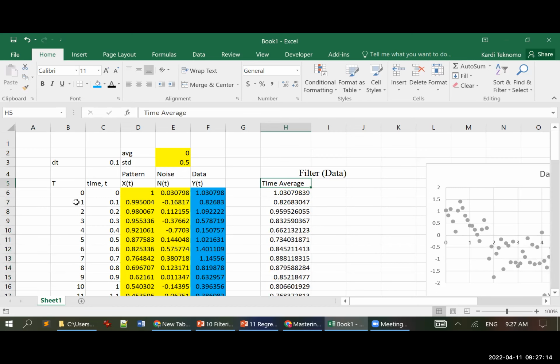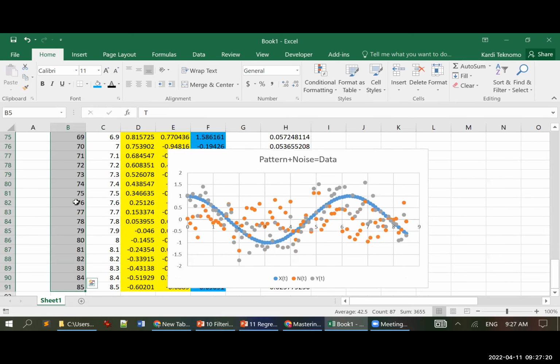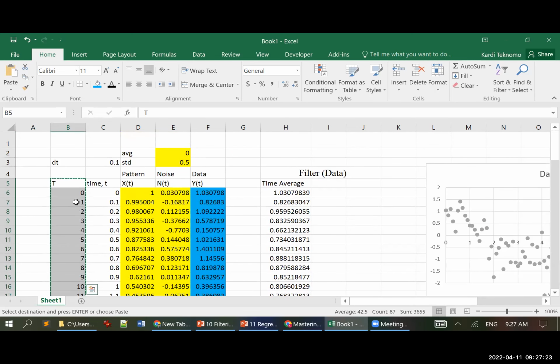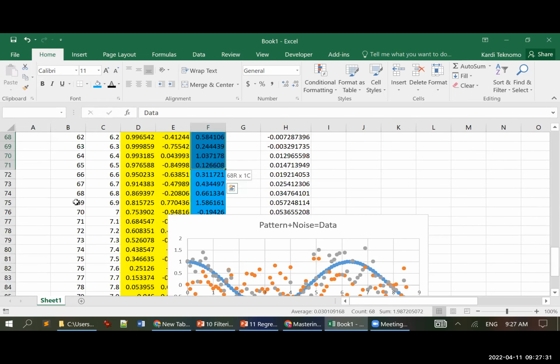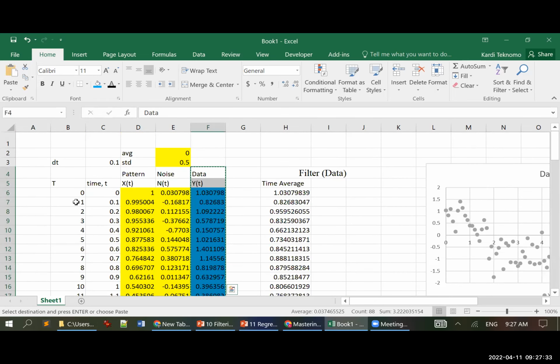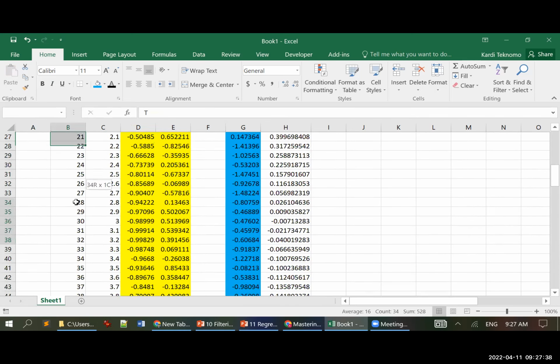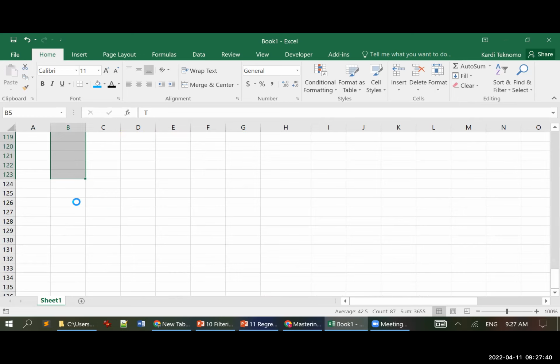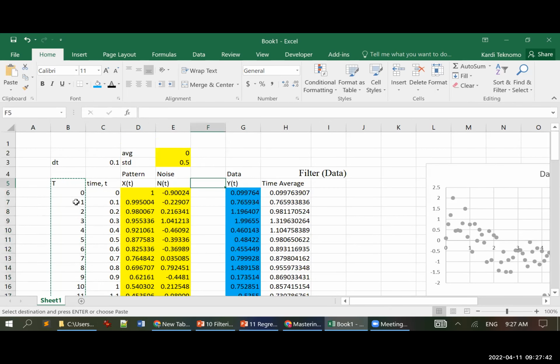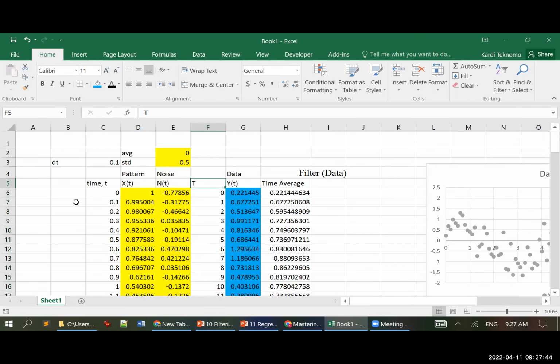Let me put the t here so that I can plot. I will put it this way. Now I can plot here.